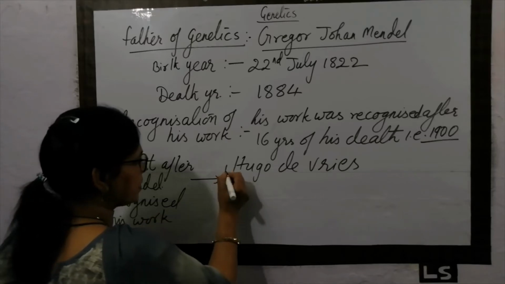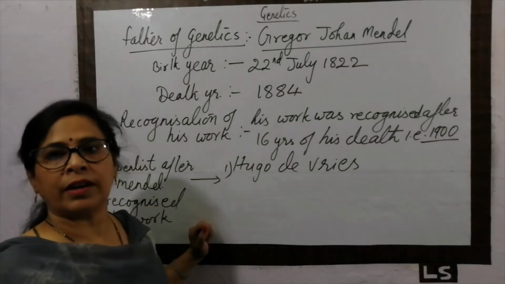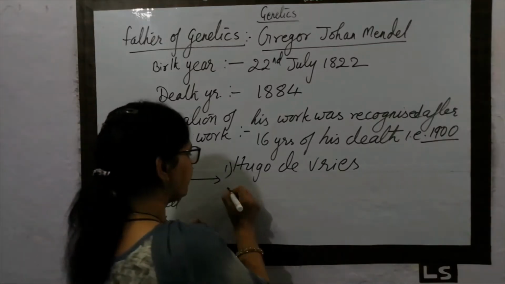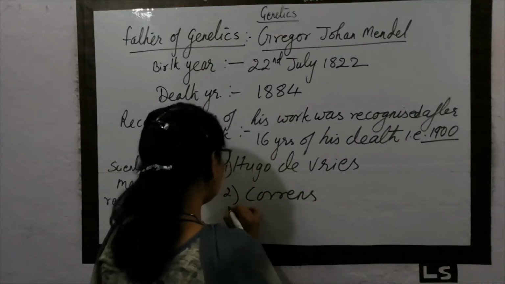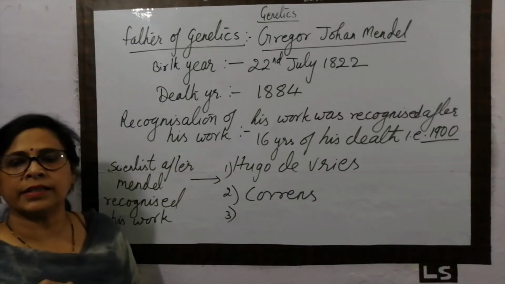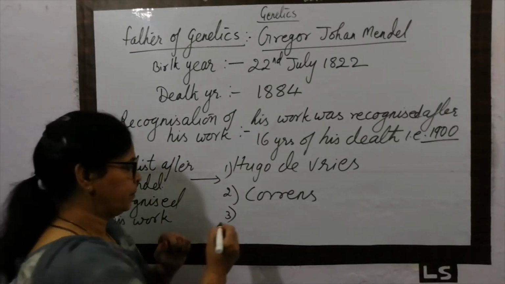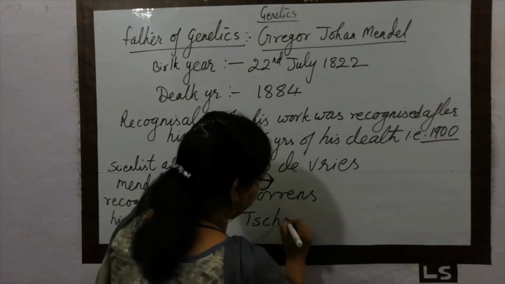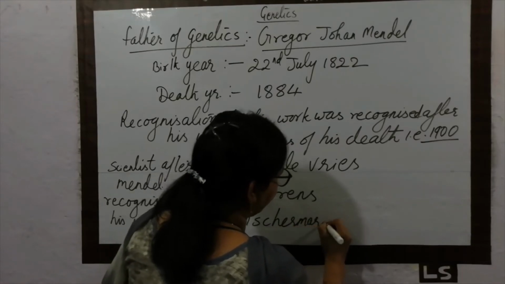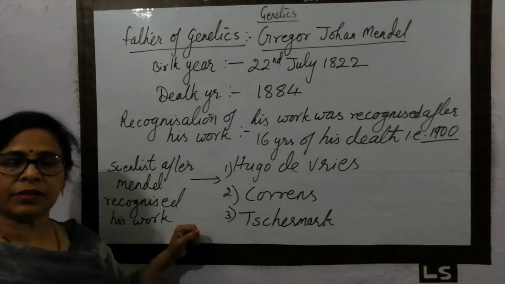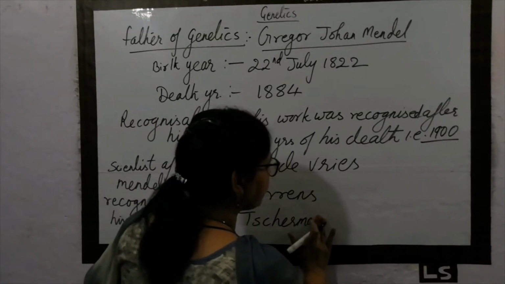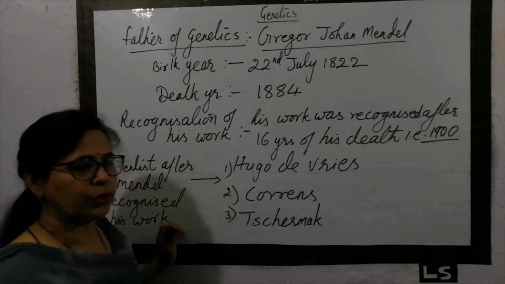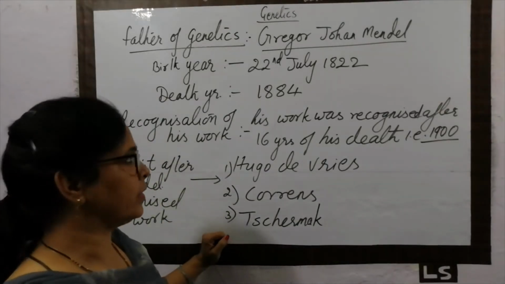So these 3 persons are there: first Hugo de Vries, second is Correns, and the third person is Tschermak. These were the 3 persons who provided recognition for the work performed by Mendel.